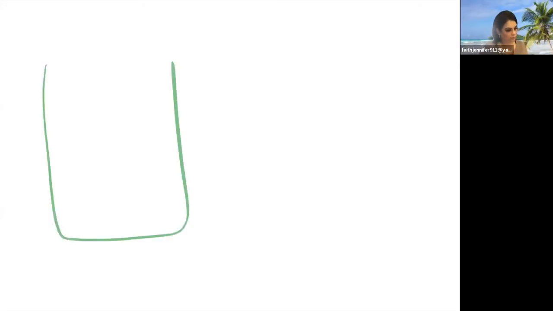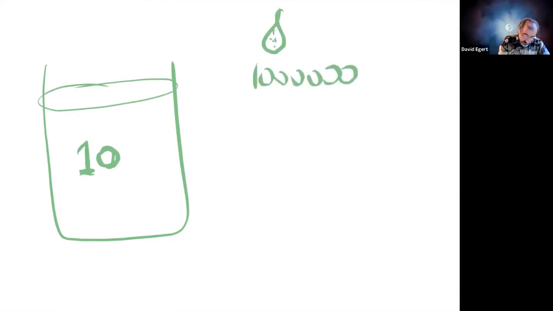Let's use just regular numbers. Let's say there were 10 H pluses in here. And let's say each drop has 100,000 H pluses in it. So there's 100,000 H pluses in this drop, and there's only 10 H pluses in my beaker here.